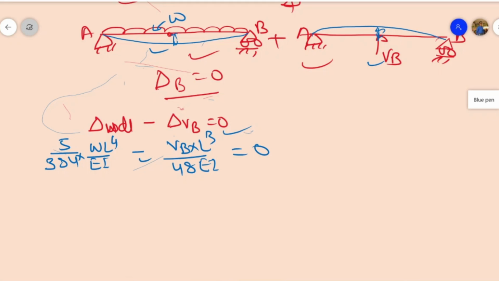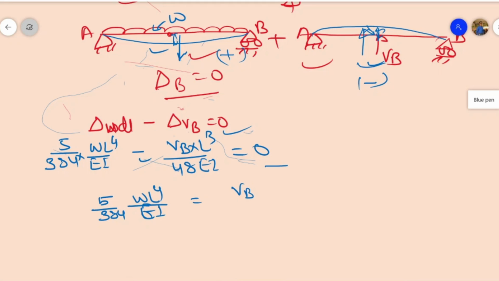Why have I taken negative? Since this deflection is downward and this deflection is upward. So this deflection I have taken negative and this one positive, so net deflection will be 0. From here we write 5 by 384 times WL to the power 4 by EI equals VB times L cubed upon 48 EI.